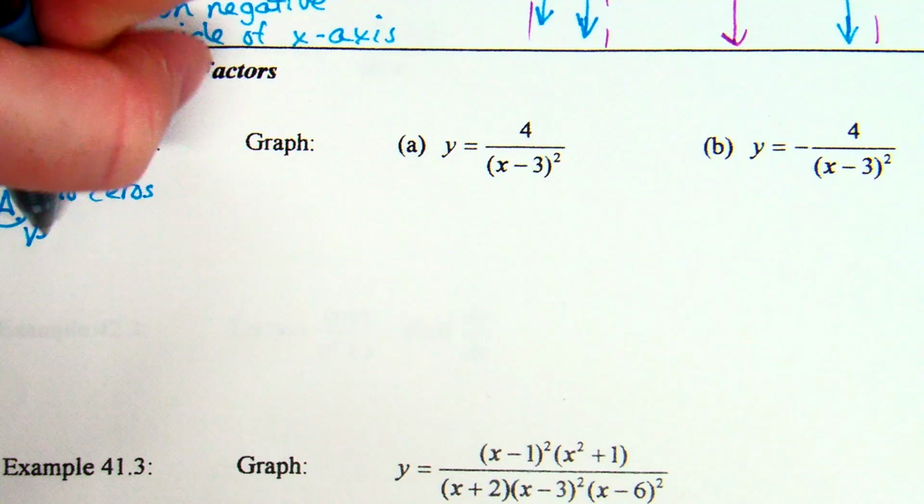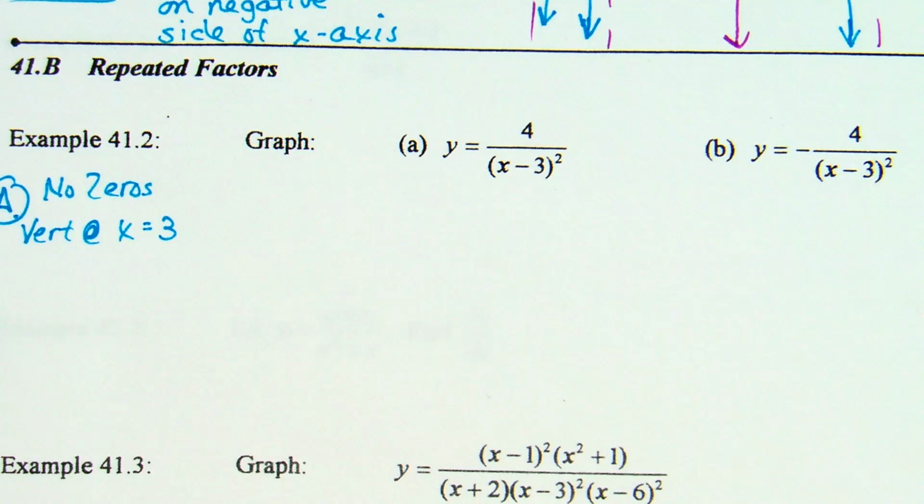Powers of 2 says sign does not change around asymptotes. And I'll demonstrate that, obviously. But there's a little note if you want to write yourself a note.